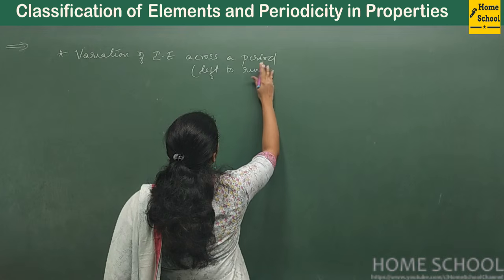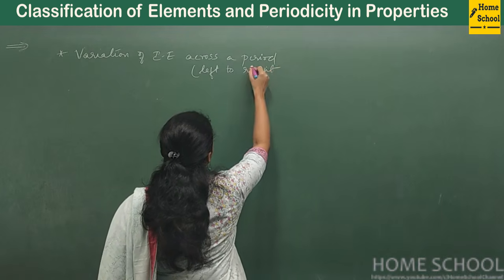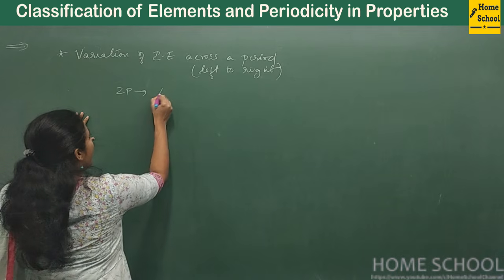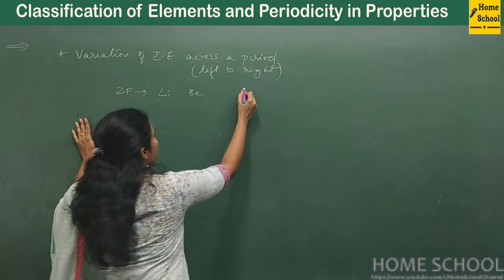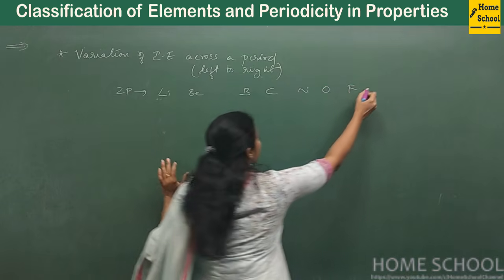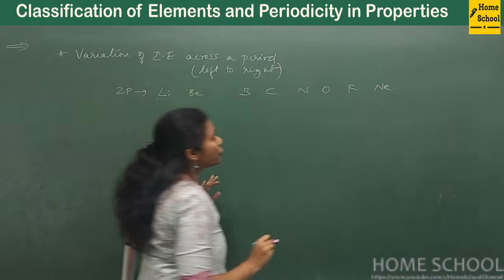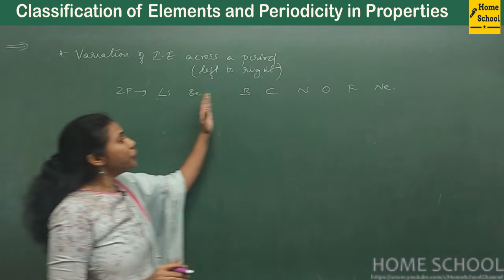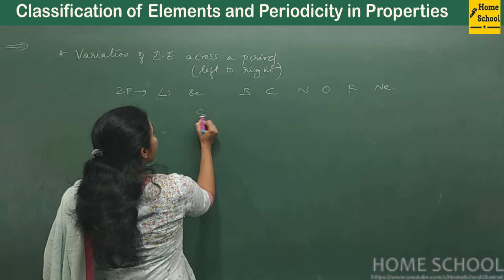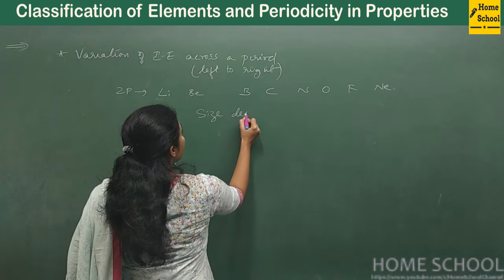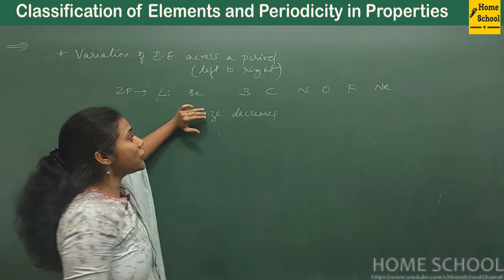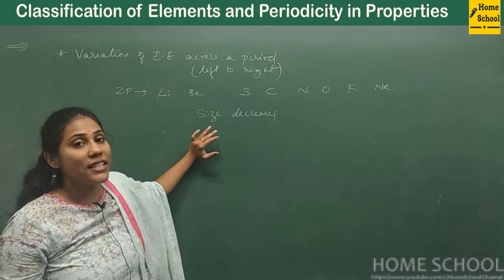Let me take second period elements. You have lithium, beryllium, boron, carbon, nitrogen, oxygen, fluorine, neon. Usually when I go from left to right, can you tell me what will happen to the size? Size will always decrease. So if size decreases, what happens to ionization enthalpy? You can always decide based on the size.